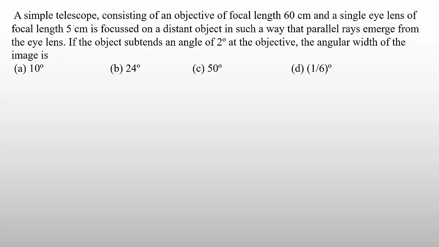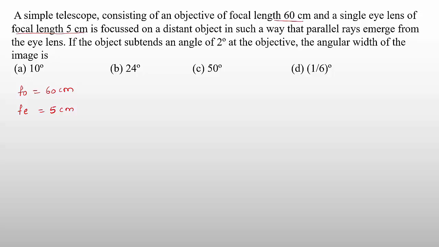See here, this is a simple telescope. Objective lens focal length is given, that is 60 centimeter. So let us take it as FO is 60 centimeter. And a single eye lens, then focal length of eye lens is given 5 centimeter. Let us take it as FE equal to 5 centimeter.